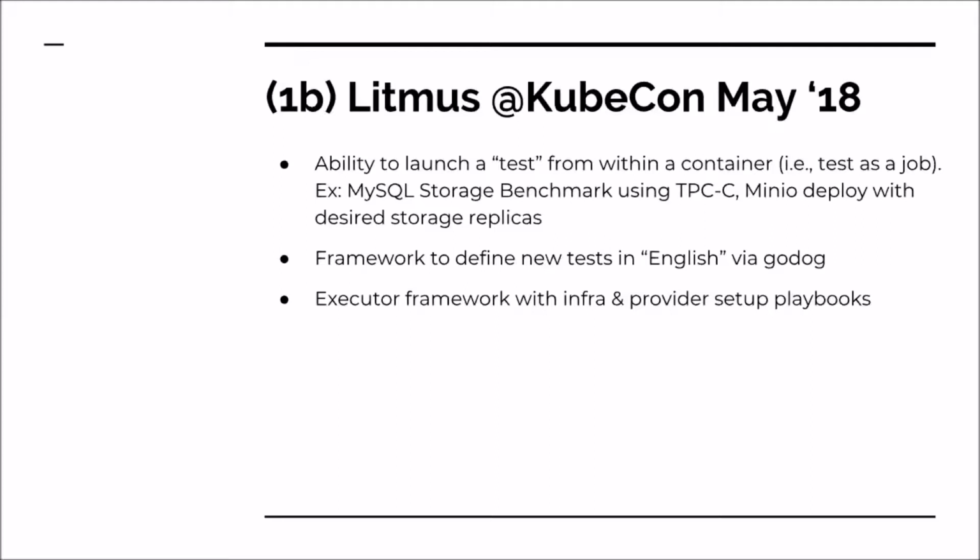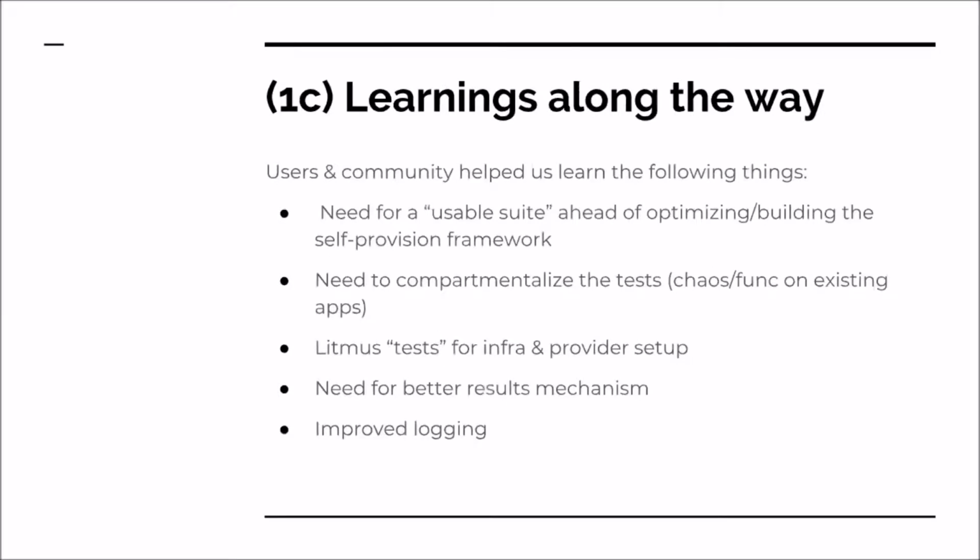So the concept of the Litmus project and its intent were well received. Along the way, there were some learnings that we got from the community, from the users who reviewed the project and came up with the following suggestions. I'll go through them, and in subsequent slides talk about the changes we made based on these learnings. One of the important, first pieces of feedback that we got was that we need a usable suite which customers can go ahead and use already.